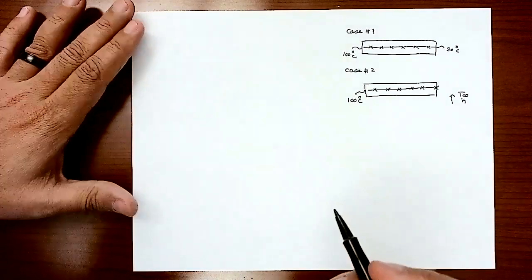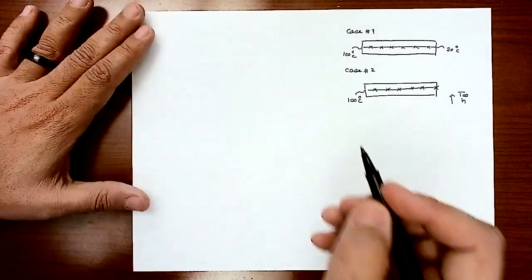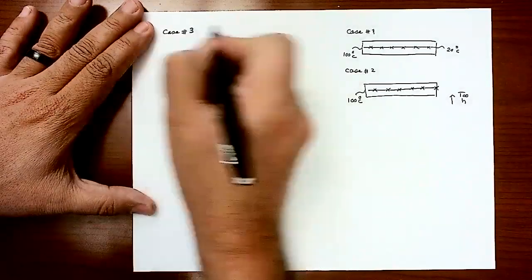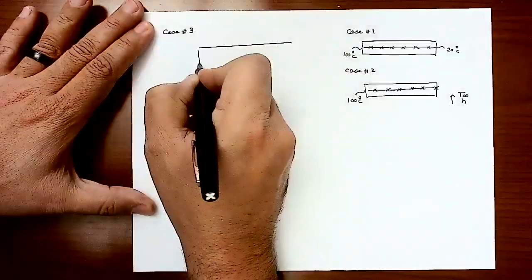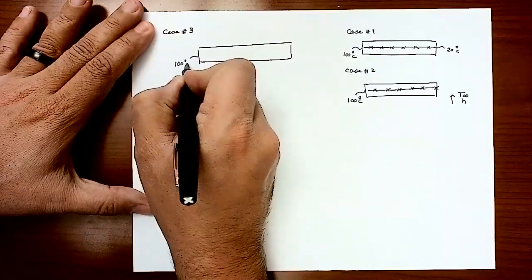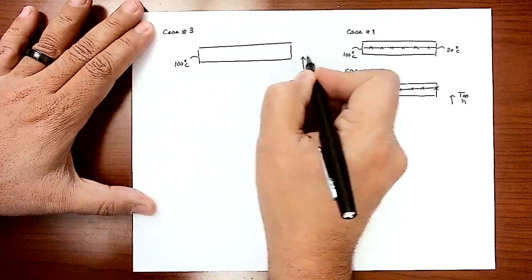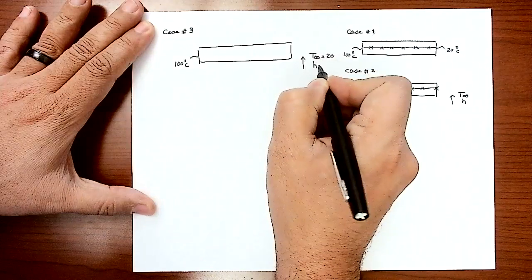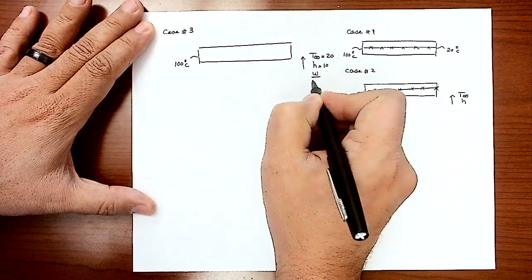So in the next example, I'm gonna call that case number three. I will have a bar. This face is kept at 100 degrees C. This face is exposed to a fluid. T infinity is equal to 20. h is equal to 10 watt per meter square Kelvin.